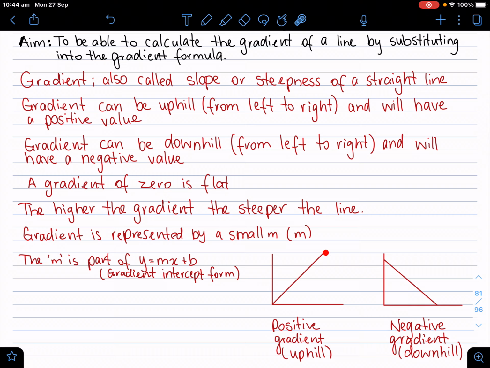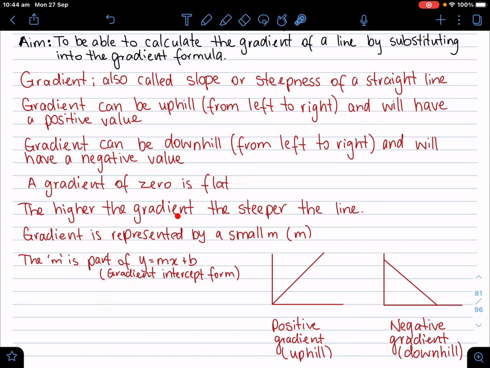And this will have a positive number value. But if the gradient is going downhill from left to right, it's going down, then it will have a negative value. And if it's flat, it'll have a zero value. Now, the higher the gradient, meaning the bigger the number, the steeper the line.